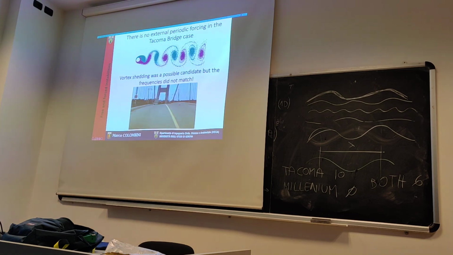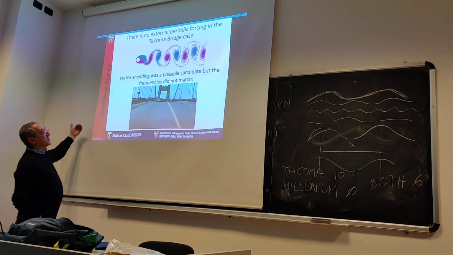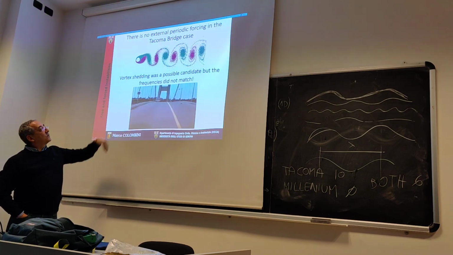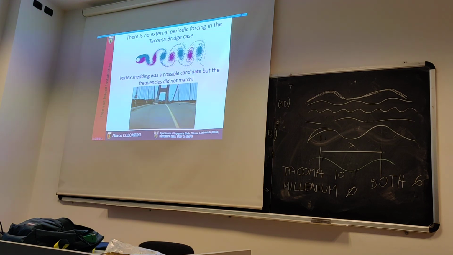Tacoma was not. So what was Tacoma? It could be a resonance if, for example, you have vortex shedding. You know what vortex shedding is. If you have a cylinder, you can see a sketch of it on the top, a flow which is investing a pole, it creates this kind of oscillating wake, which could possibly be the external forcing, because the wind is going in this direction, making the bridge resonate.